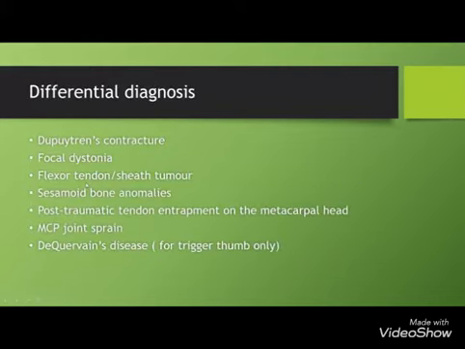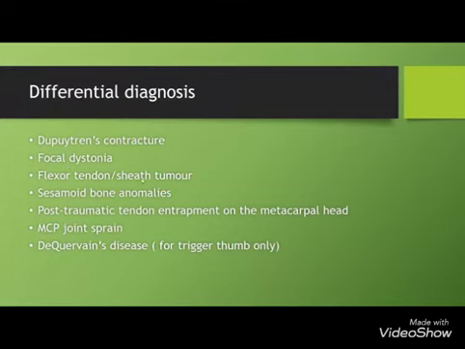Differential diagnosis: Dupuytren contracture, focal dystonia. Focal dystonia is a disease connected to abnormal posture. This is a sort of neurological disease.